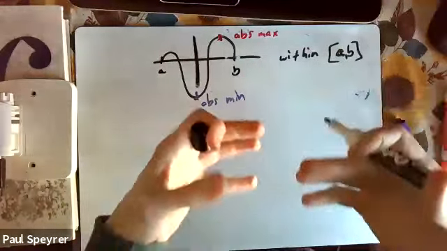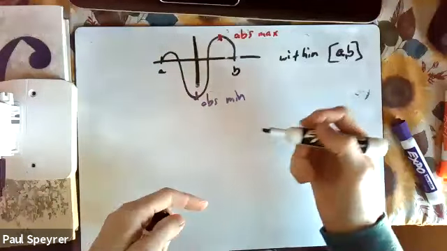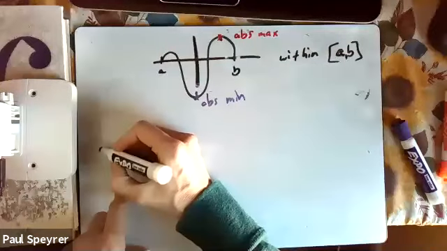Now, these points where these maxes or mins occur, like right here or here, for example, those are called critical numbers or critical points.